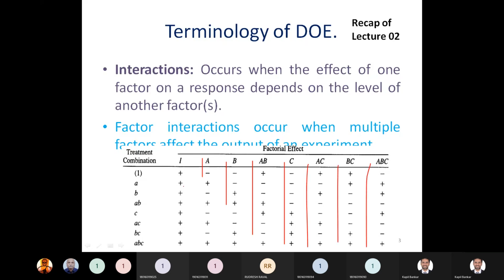Suppose in column 1 it is minus plus minus, column 2 minus minus plus, a different level. In the interaction also, here minus minus plus, here plus minus minus. Likewise, each column is a unique column. Got it?